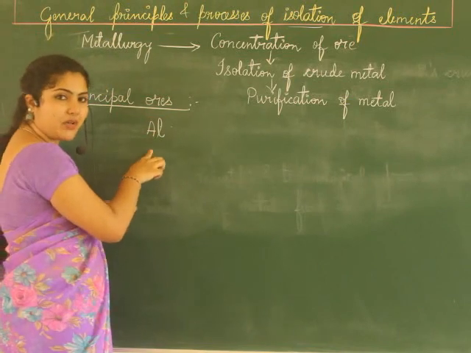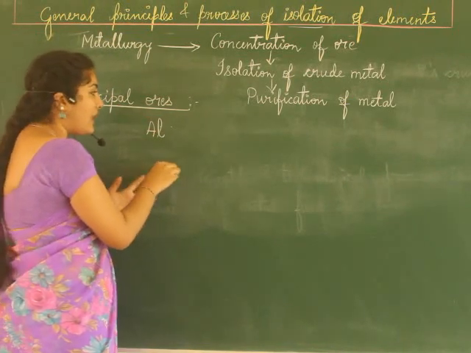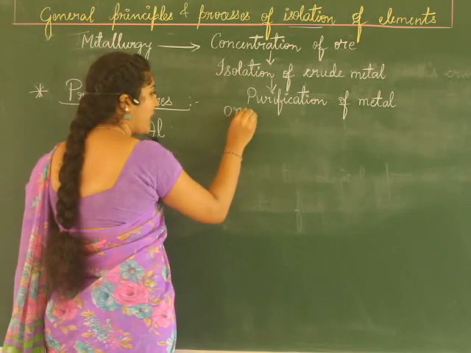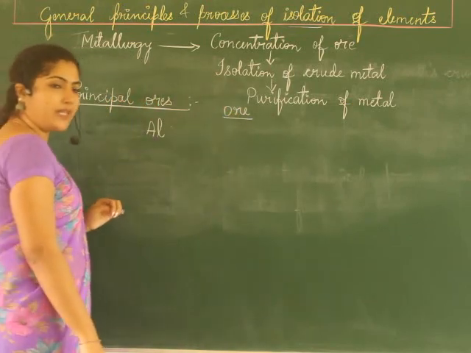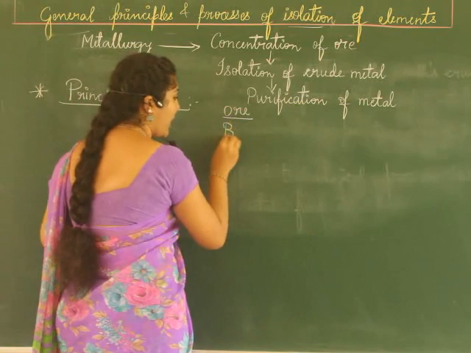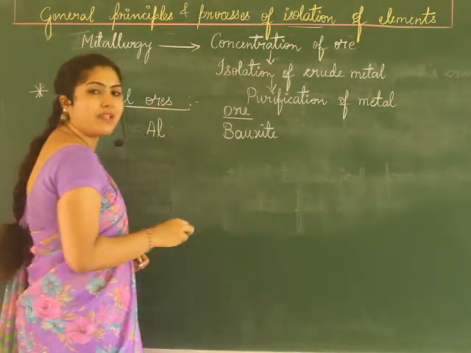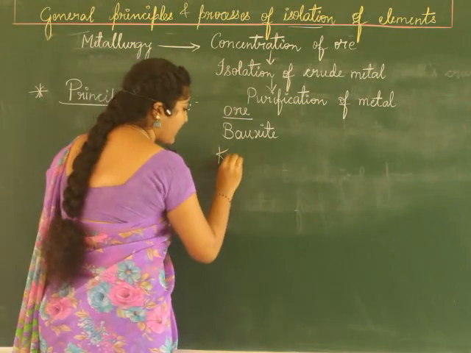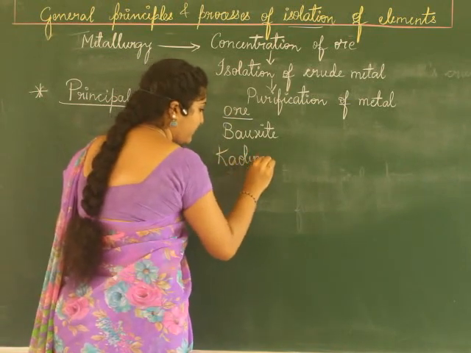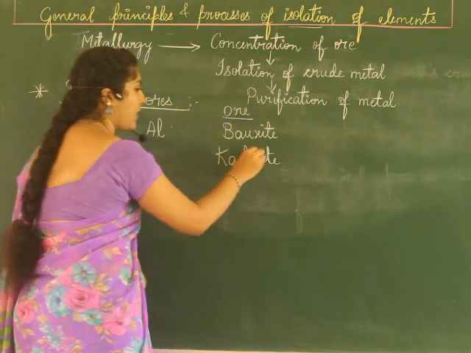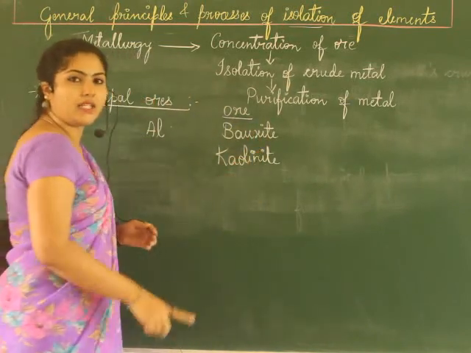Aluminium is the metal. Let us see the ores of aluminium. The ores from which the metal can be extracted are, one is bauxite and the other one is kaolinite. Bauxite and kaolinite are the two ores.